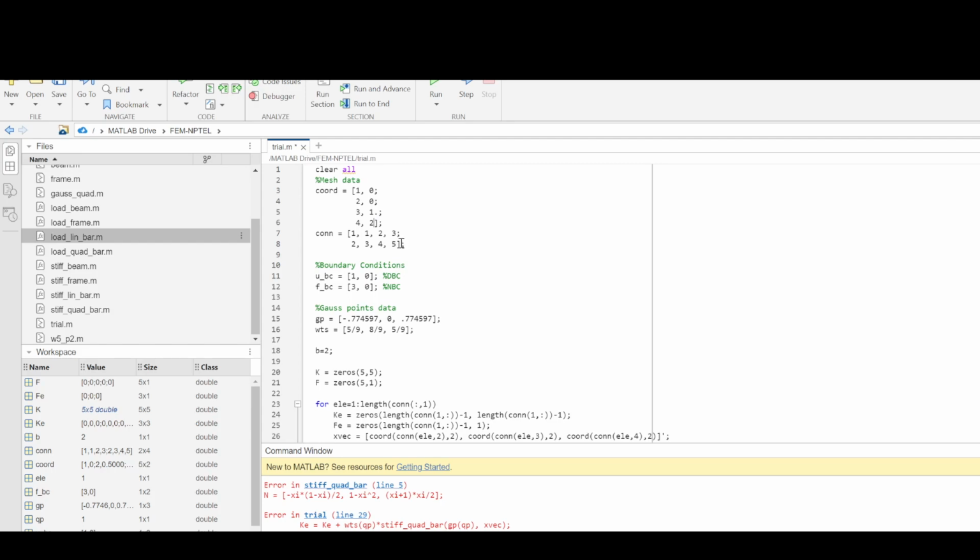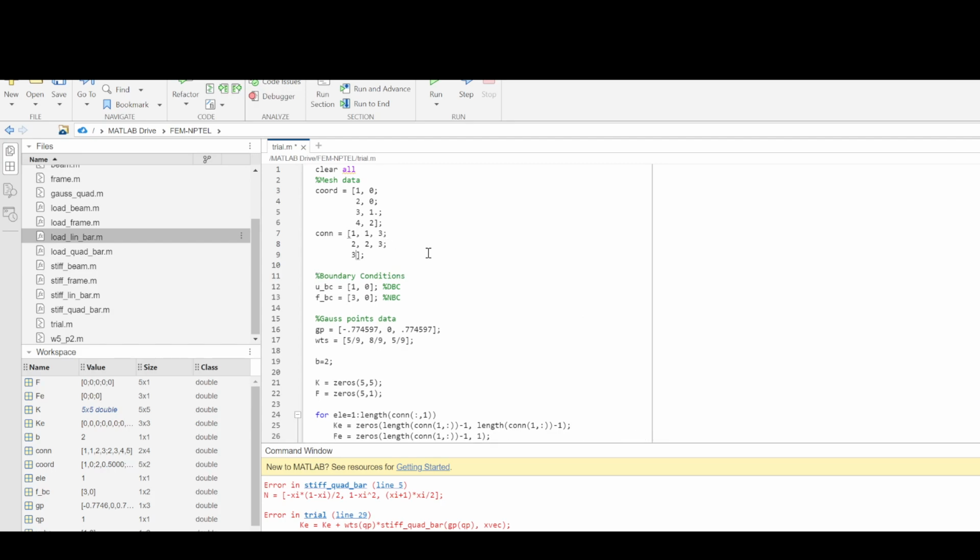So for element 1 we have nodes 1 and 3. For element 2 we have nodes 2 and 3. Then for element 3 we have nodes 3 and 4.